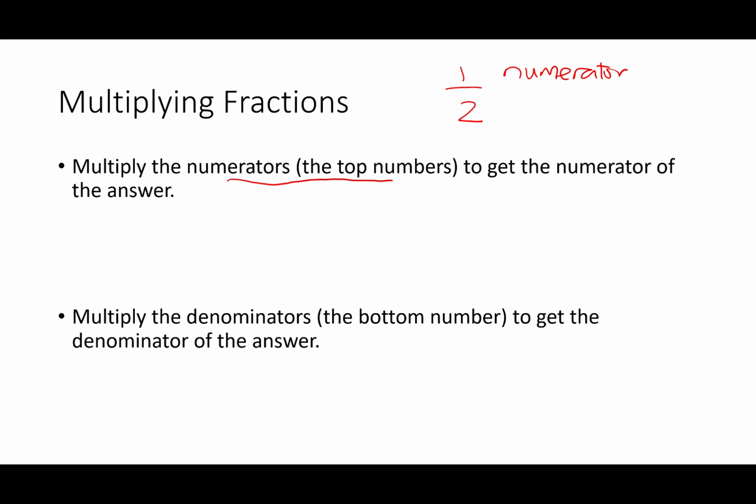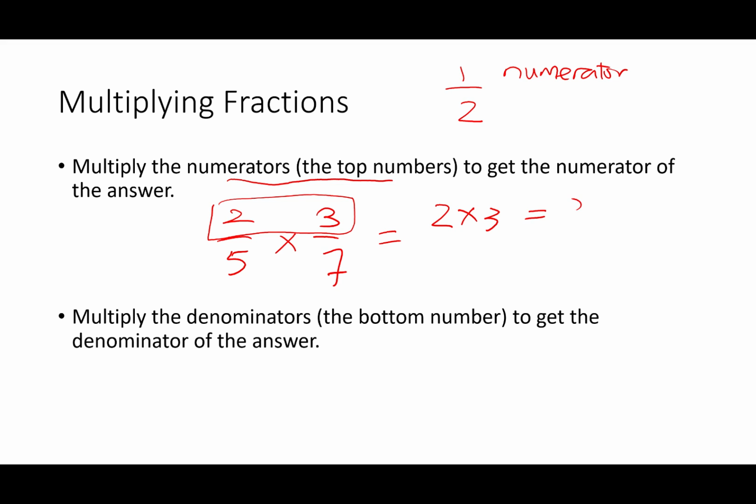So if we are given 2 over 5 multiplied by 3 over 7, what we do is multiply the numerators together, and this gives us the new numerator, which is 6.